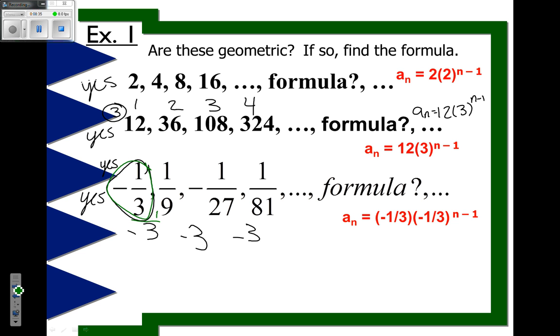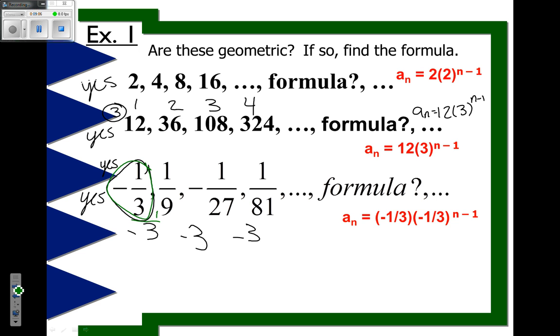Not even using a calculator, I have 1/9 divided by negative 1/3. Think back to fraction rules. I keep my first fraction. I change the sign from division to multiplication. What happens to this? It gets flipped.